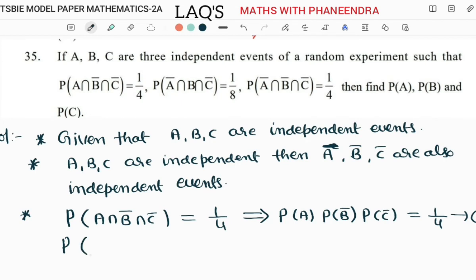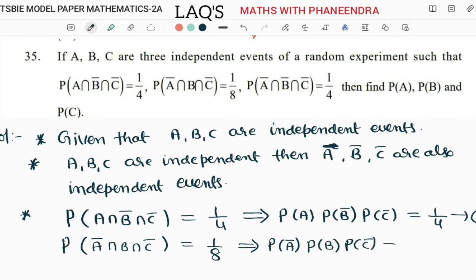Next, P of A complement intersection B intersection C complement is equal to 1 by 8. That implies that P of A complement into P of B into P of C complement is equal to 1 by 8.